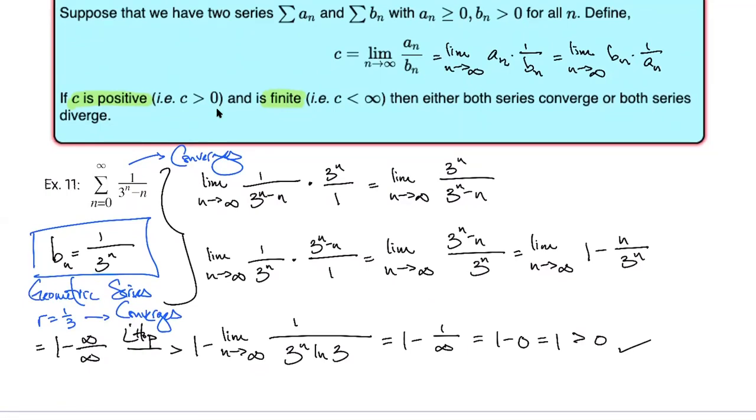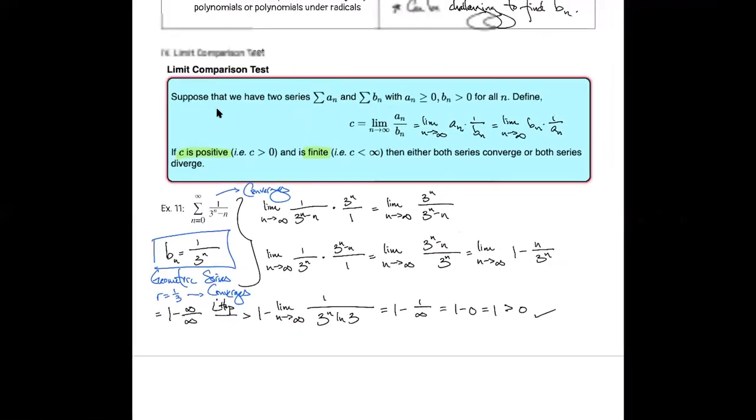So before we go over the last example, just pause here for a moment. Does anybody have any questions right now? I just have a question on the test that we just did. The limit comparison test.